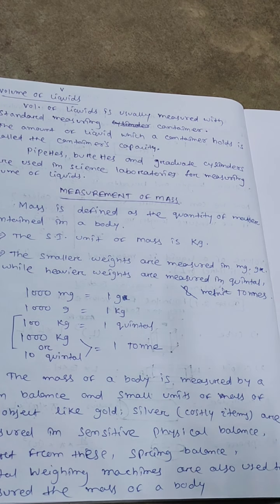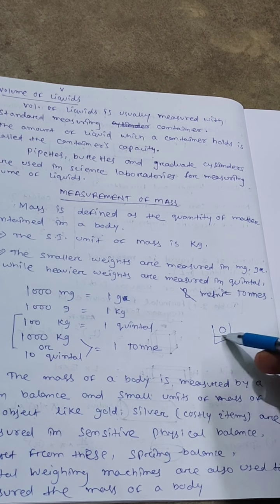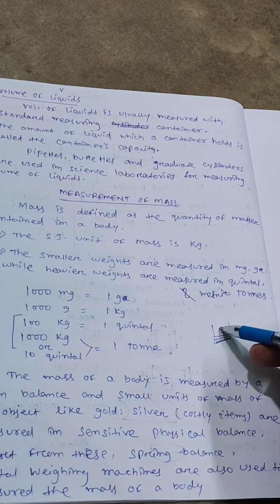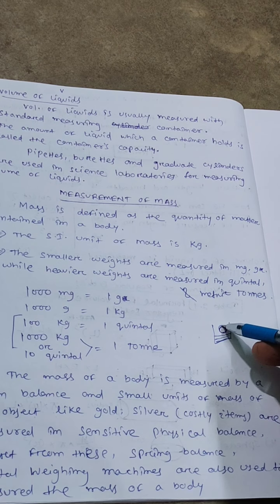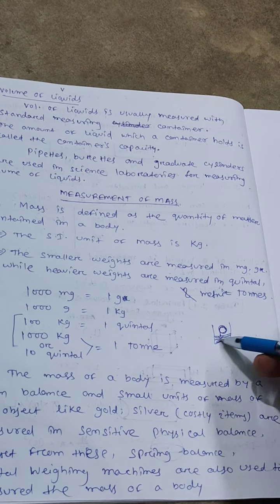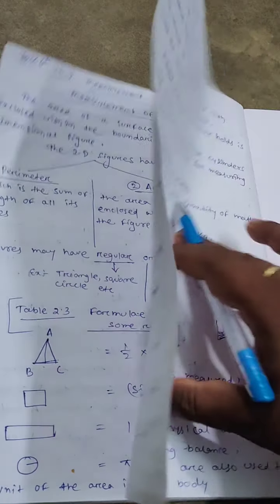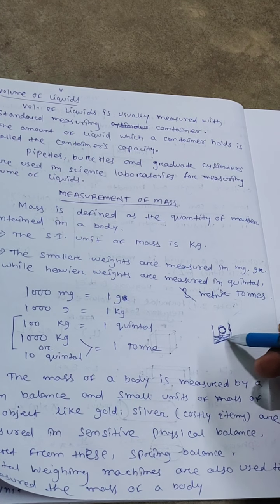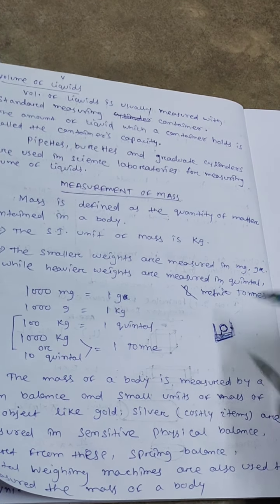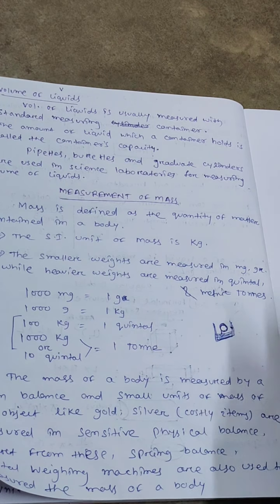If a solid is completely immersed in a liquid, the liquid displaces some volume, which we can measure using a measuring cylinder, and in this way we can measure the volume of irregular solid bodies.